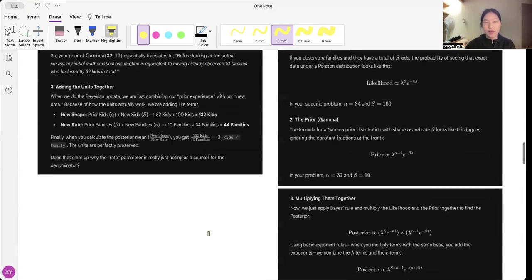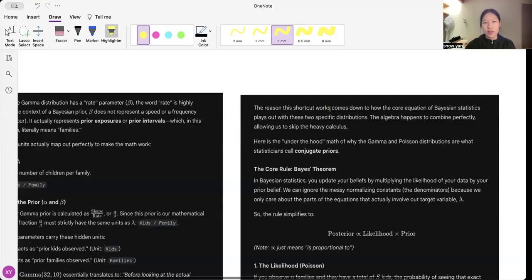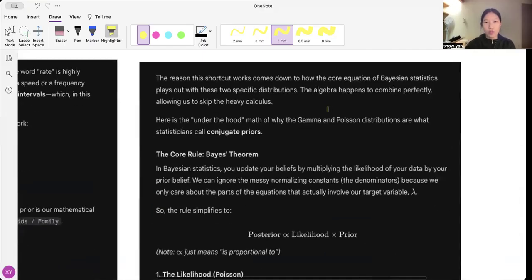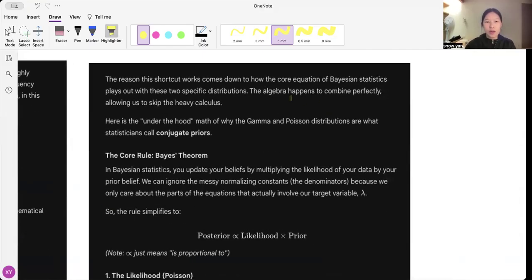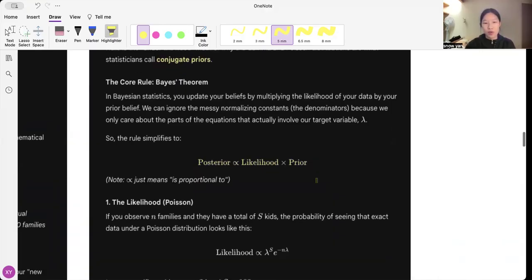Something I followed up on was the reason why the shortcut works. It really comes down to conjugate priors. With Bayes' theorem, the posterior is proportional to the likelihood times the prior.